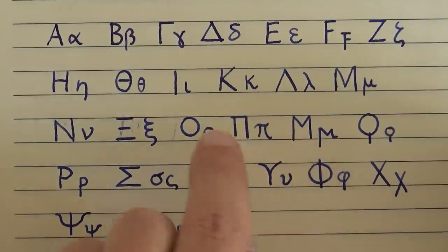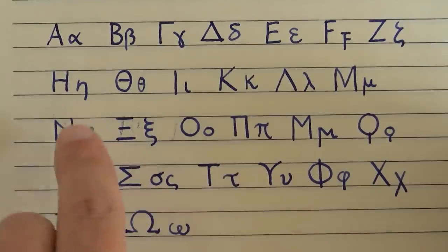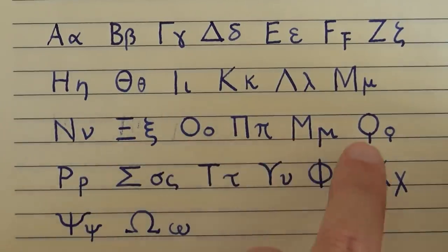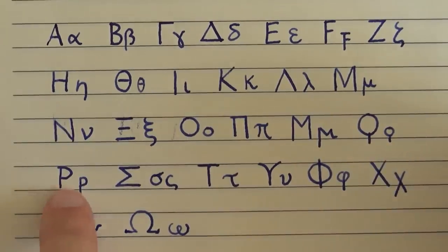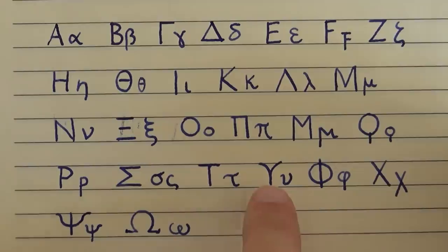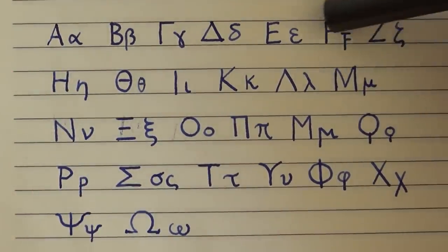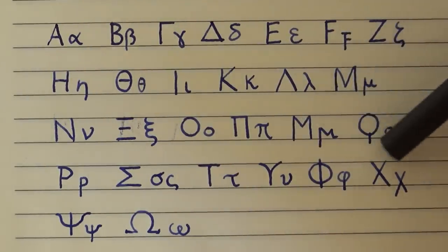I still have to learn the name of this character. Xi, omicron, pi, san, koppa. Rho, sigma, tau, upsilon, phi, chi, psi, omega. And the song I learned didn't include the vav or san or koppa.